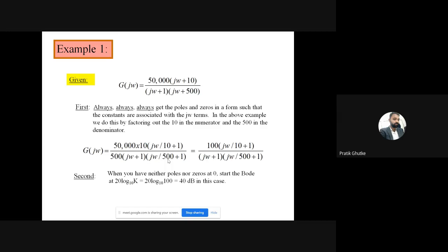So what is your first step? First, always get the poles and zeros in the form such that constants are associated with the j omega term.